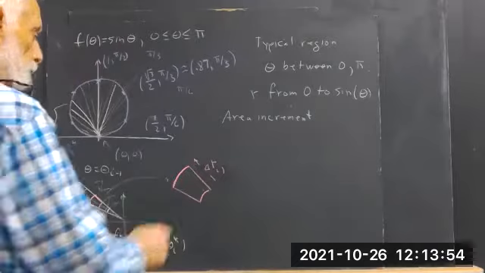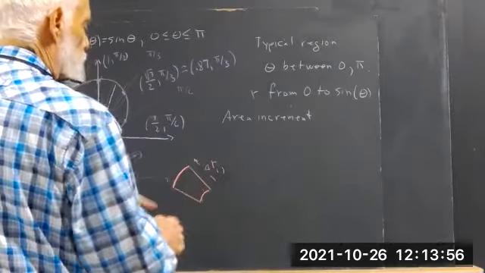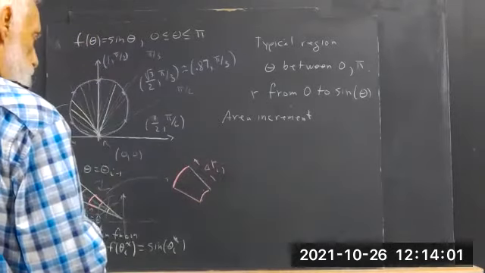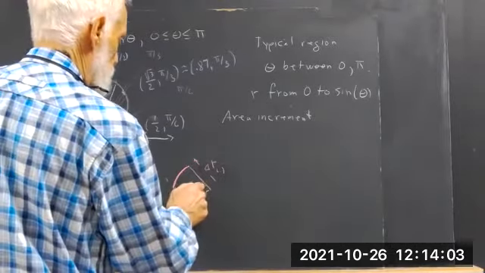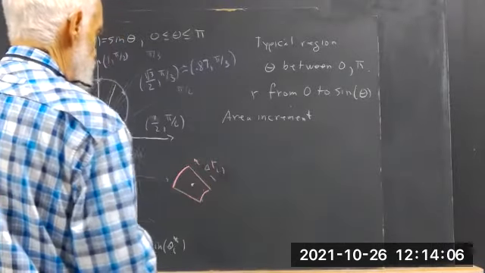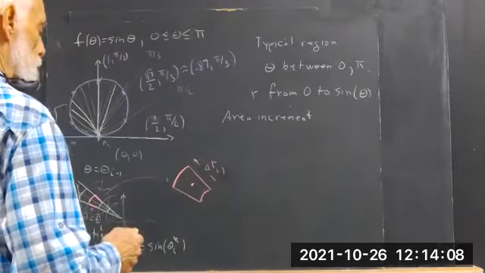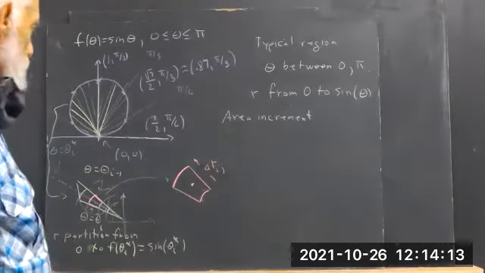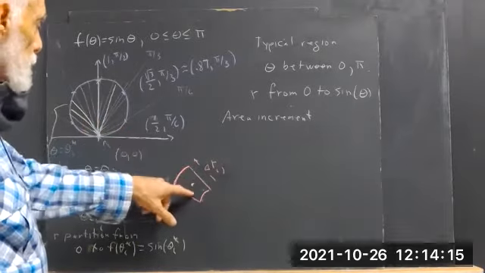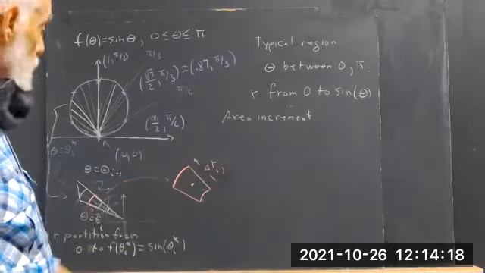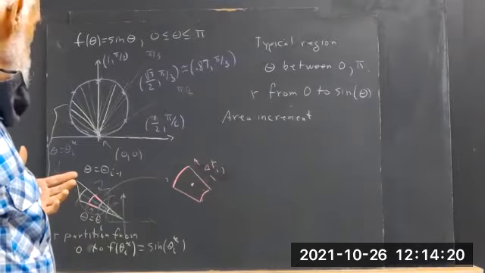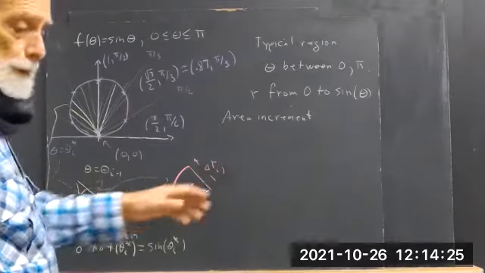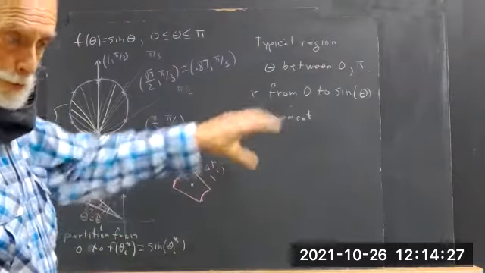Okay. Now, what's the width of this thing? Of course, the width varies from here to here. But at the sample point, let's just say here's a sample point. I don't want to label it right now, but the theta coordinate is going to be theta sub i star, and the r coordinate is going to be r sub ij star.